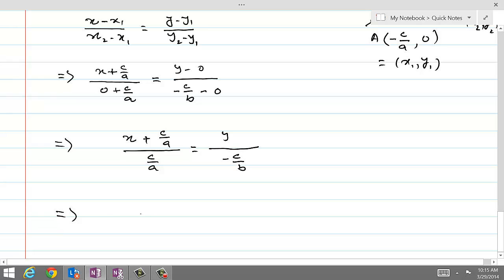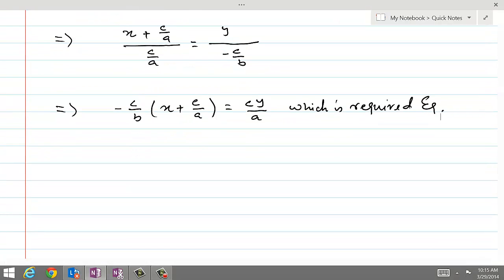So this will become minus c over b into x plus c over a equal to c y over a. It can be simplified to the desired form, but this is the required equation.